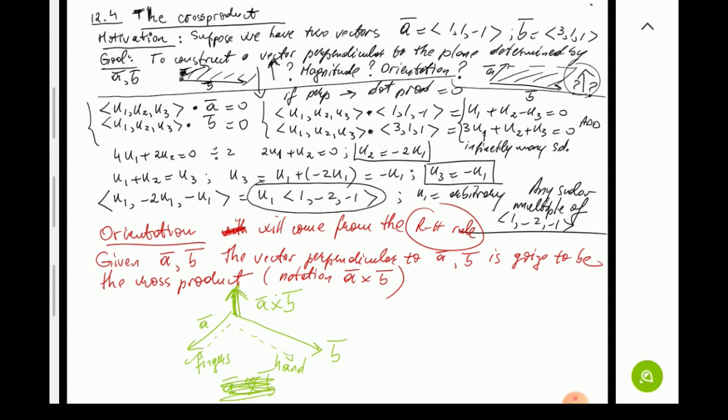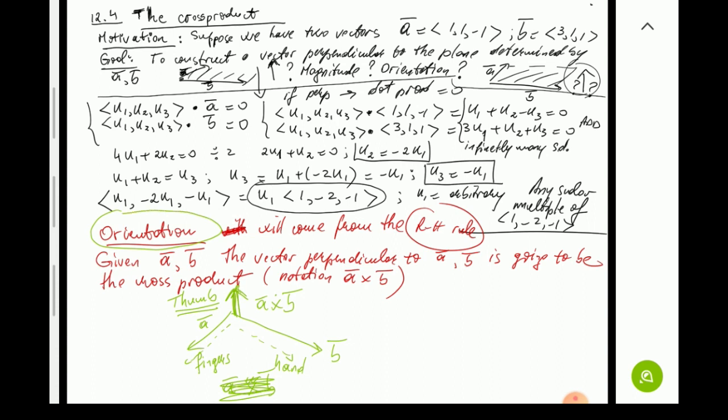So when you compute A cross B in that order from left to right, that's how you align the fingers of the right hand. And obviously the cross product will be along the thumb, right? So the thumb of the right hand will point into the direction of A cross B. So that establishes how you pick the orientation.